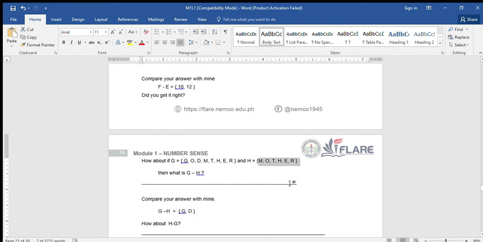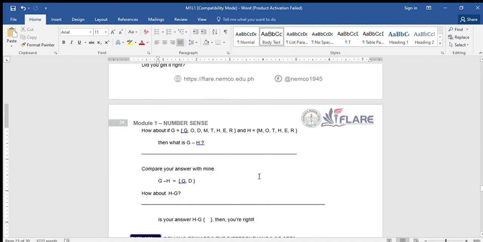H minus G, the elements that are in H but not in G. Is there any? So, our answer for H minus G is the null set or empty set. Because M is in G, O is also, T also, H also, E also, R also. So, we have no H minus G. So, our answer is the null set or empty set. Understood? Okay.